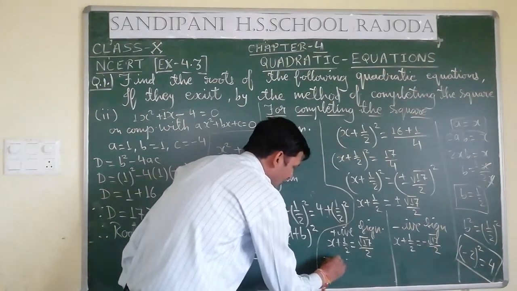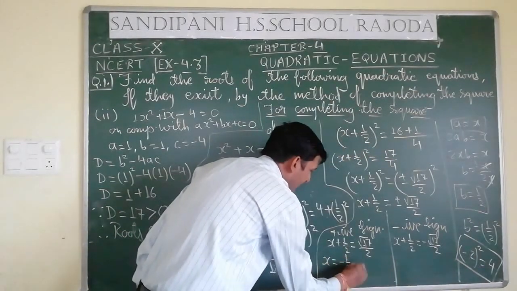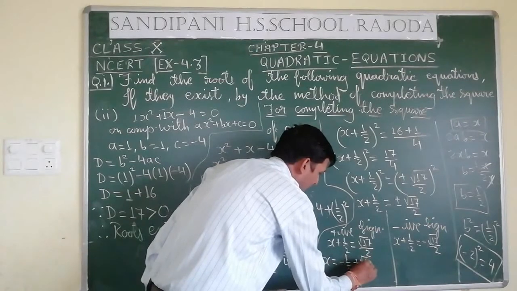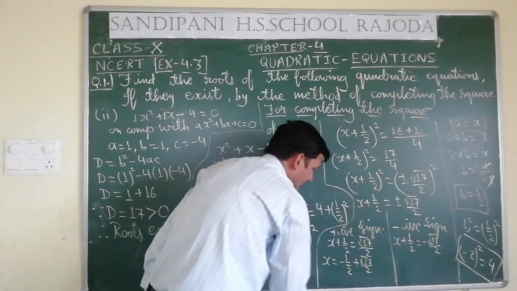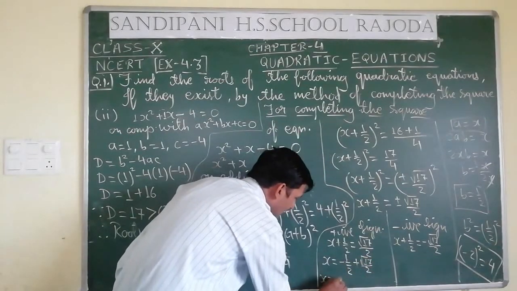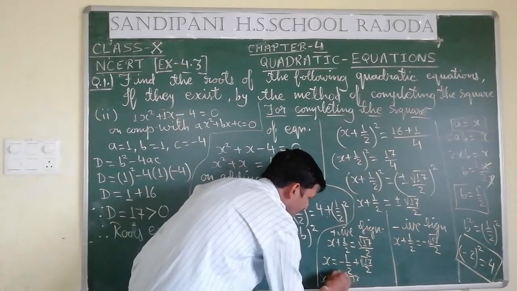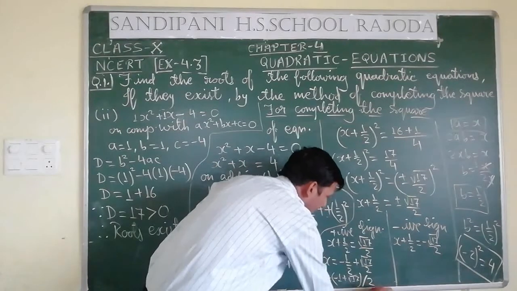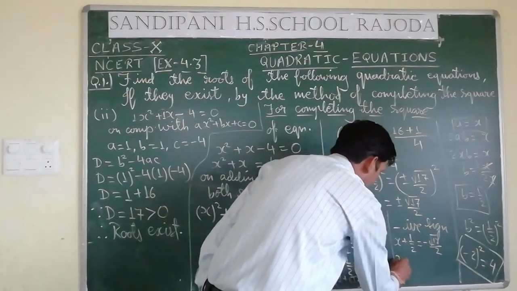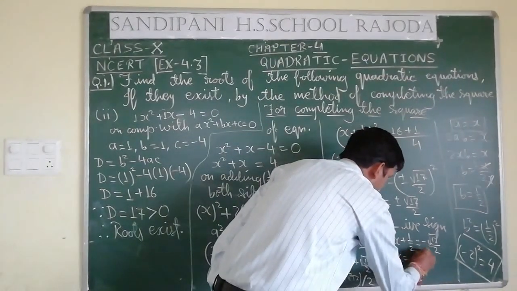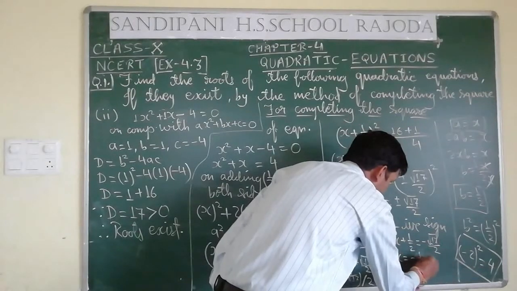So x is equal to minus half plus root 17 by 2, means x is equal to minus 1 plus root 17 by 2, and x is equal to minus half minus root 17 by 2.